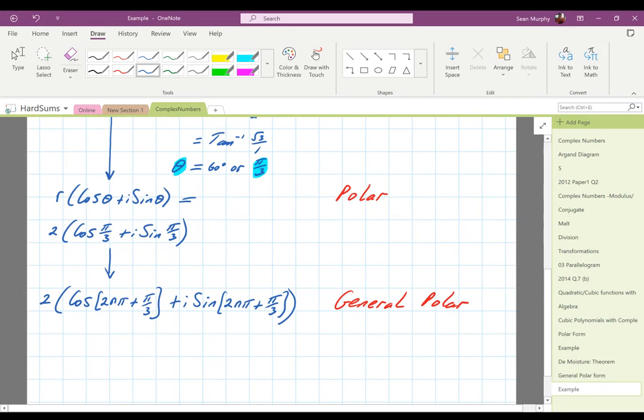So z is equal to 2 cos of 2n pi plus pi over 3, plus i sine of 2n pi plus pi over 3, and the whole lot is to the power of a third. So a lot of brackets here, so just take your time and be careful with brackets. It's all to the power of 1/3.